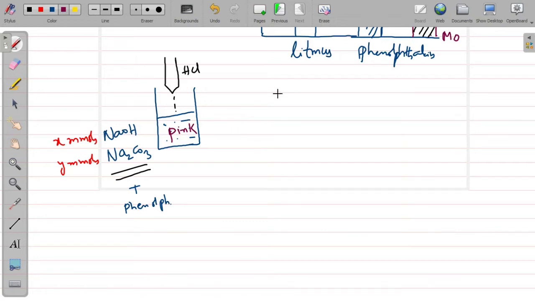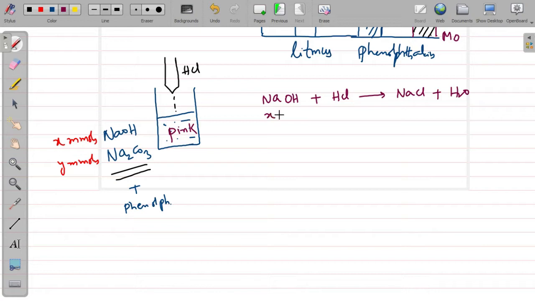When you add HCl, what reactions take place? First, HCl reacts with the strong base. Which is the strong base among NaOH and Na2CO3? NaOH is the strong base. So first HCl reacts with it and forms NaCl and H2O.